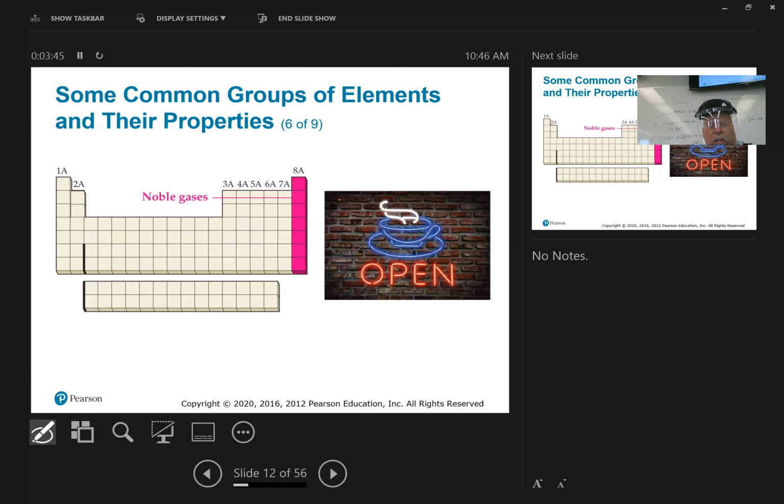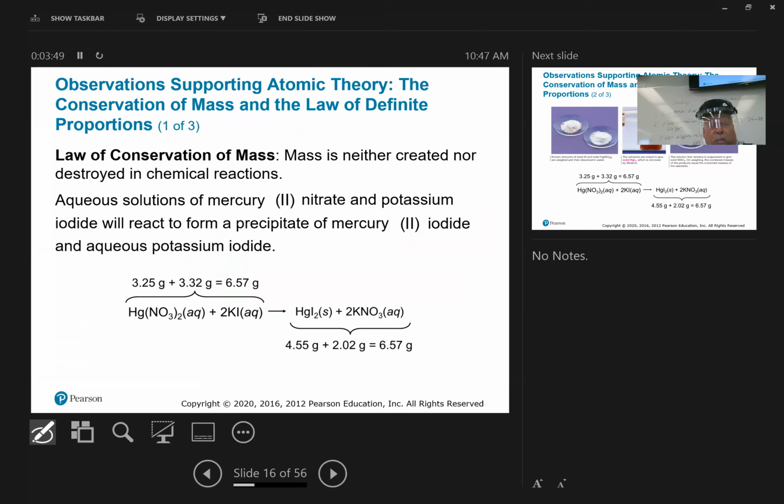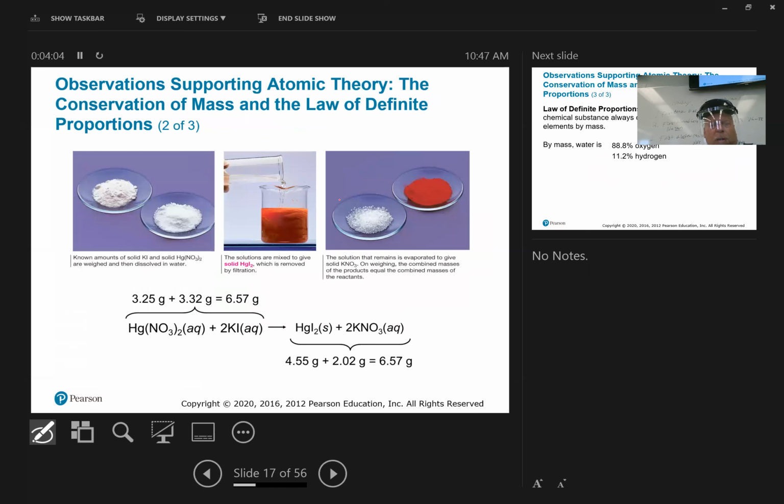So basically there are different elements along this and a bunch of slides showing different examples. The law of conservation of mass: mass is neither created nor destroyed in chemical reactions. And I kind of went into that again earlier in the other slides. And that is particularly important there. And then the law of definite proportions, essentially you have that, and then multiple proportions for the other things.